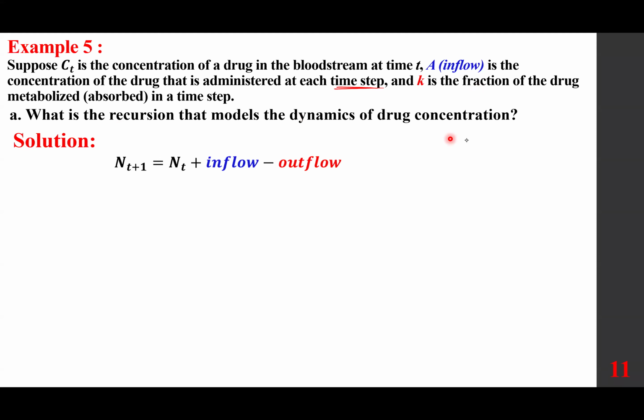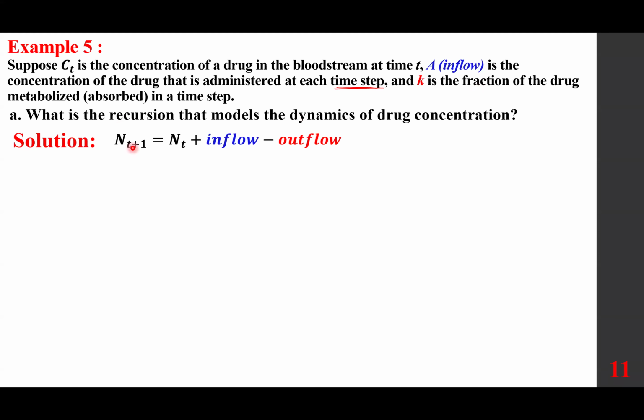I hope you understand that in general, n or any variable that you want represents the amount of the next step, t plus 1. It means the previous amount, whatever it was, we had so much medication in the body of the patient, and we added this much.